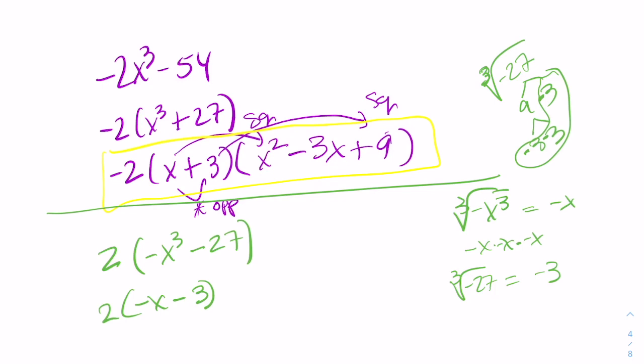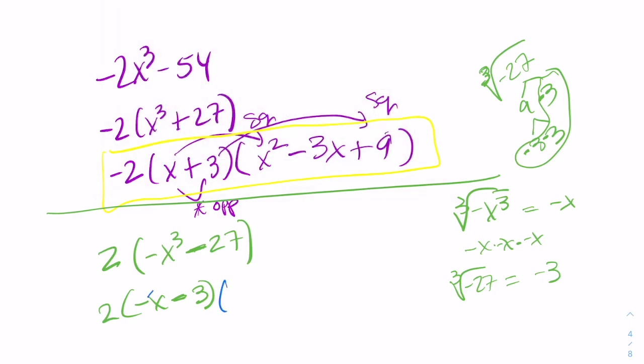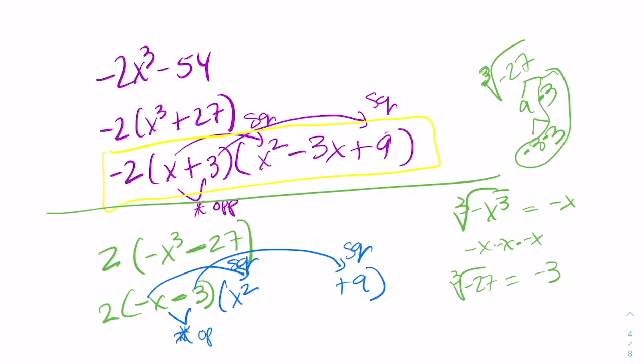Then, remember that sign is the same as this one, so these are both minuses. Then to get our second set of parentheses, I'm going to square this first one. When I square a negative x, that becomes a positive x squared. When I square this one, it becomes a positive 9. And then remember, I multiply and change the sign. So this is positive 3x when I multiply. I change the sign, so it's minus 3x.